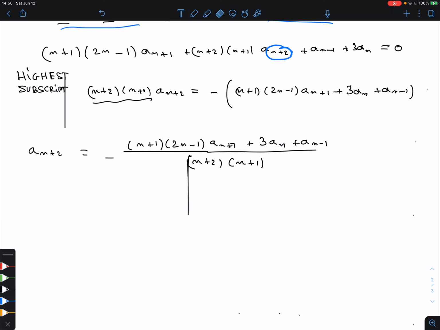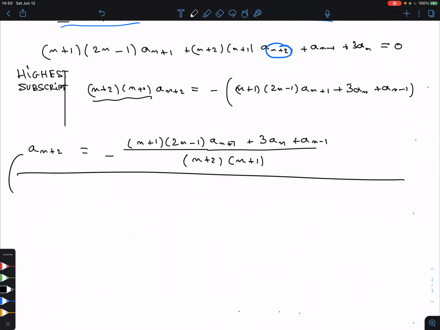Okay, so then the next question that I said was now calculate up to the fourth one. Let's do up to a4. So what does that mean? Well, we have already a2, so the next one is a3, which corresponds to n equals 1. We did already n equals 0, so now n equals 1 gives us a3.